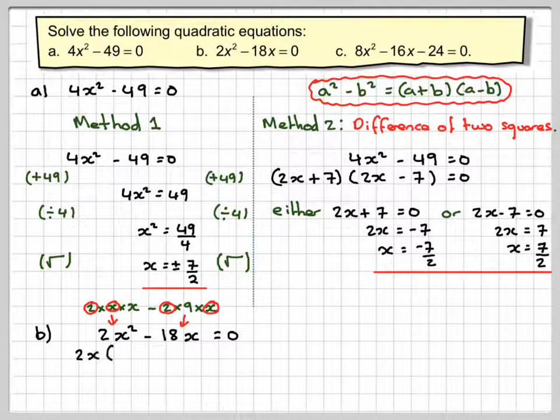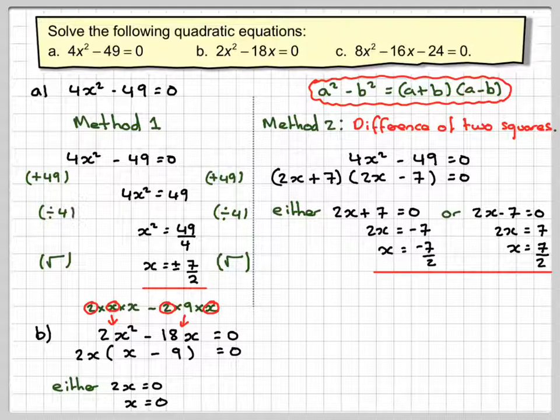So our factorization will begin 2x brackets. Now what we've left not with a circle on, we've got x minus 9 is equal to 0. So either 2x is equal to 0, which means x would have to be equal to 0, or x minus 9 is equal to 0, which gives that x is equal to 9.